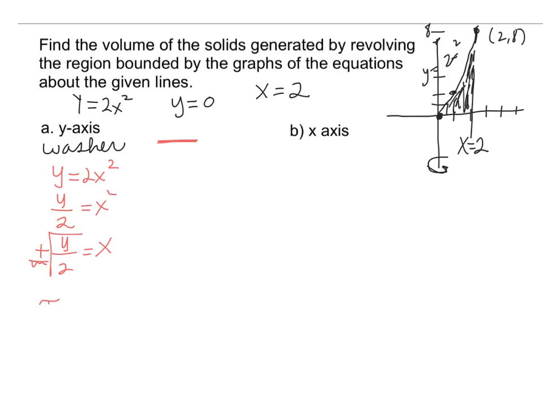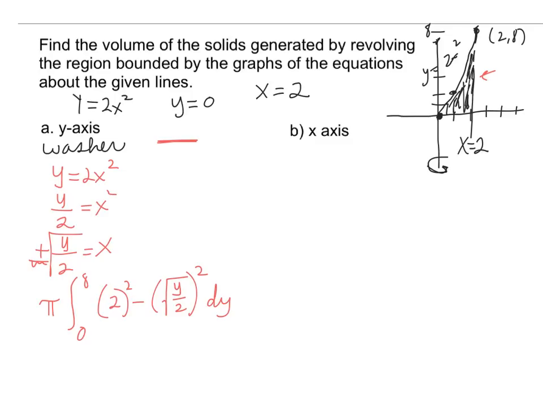So I know it's going to be pi. Always starts with pi. I want to go from, on the y-axis, from 0 to 8. And then the first radius is going to be this one right here, 2. So 2 squared. The second radius is going to be my other function, which is the square root of y over 2, squared, and then dy. Okay?